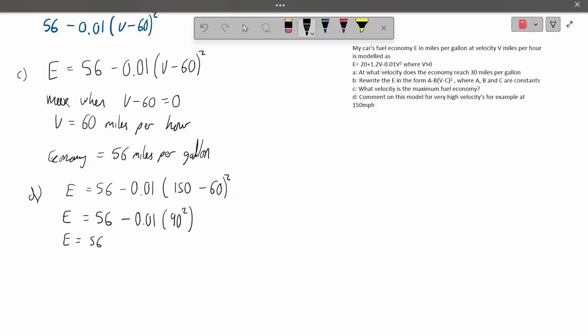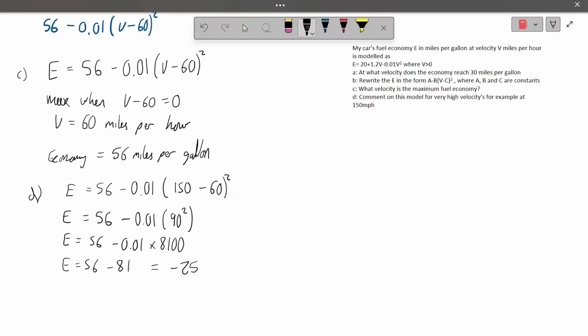E equals 56 minus 0.01 times, well, 9 times 9 is 81 with 2 zeros, and 0.01 times 100 is 1, so 81. So our E is 56 minus 81, which makes it a really wonderful minus 25.